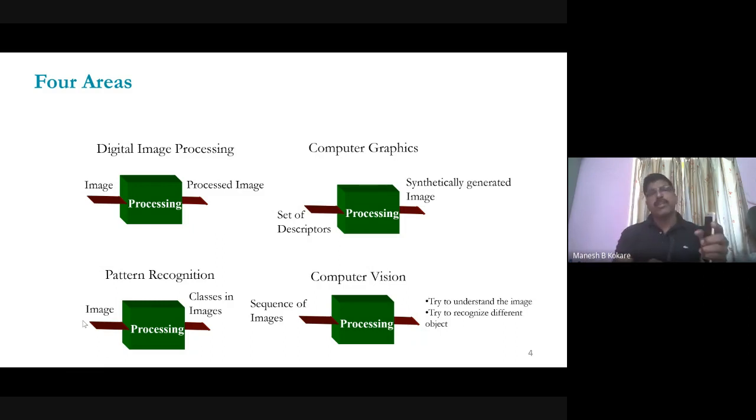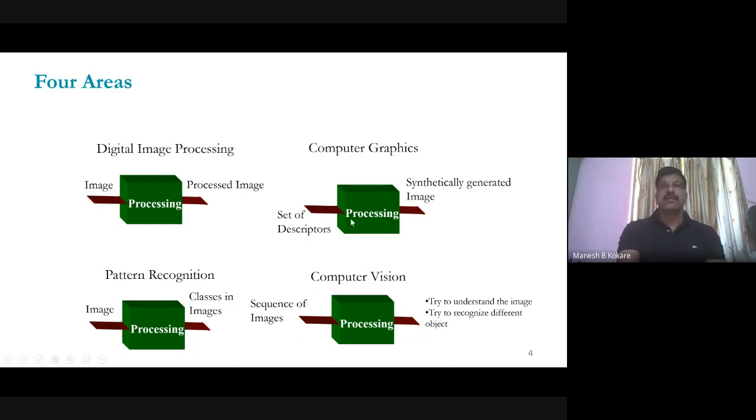So your input is an image and output is a class. This object belongs to class 1, this object belongs to class 2, and so on. That is nothing but pattern recognition. You are recognizing the patterns.